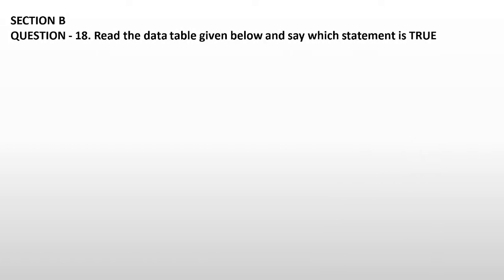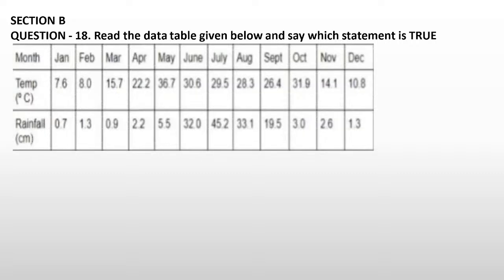Okay, now we go to section B, question number 18. Read the data table given below and say which statement is true. And this is the data table. It shows you the months from January to December. It shows you the temperature in the respective months.